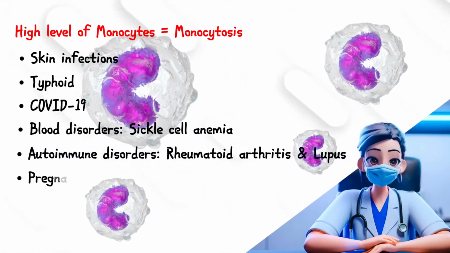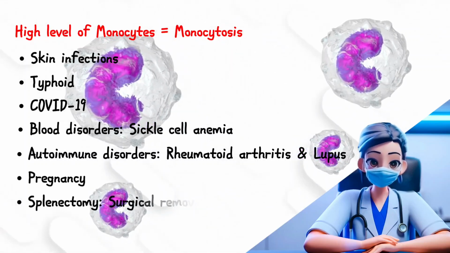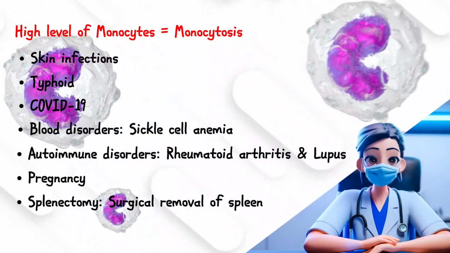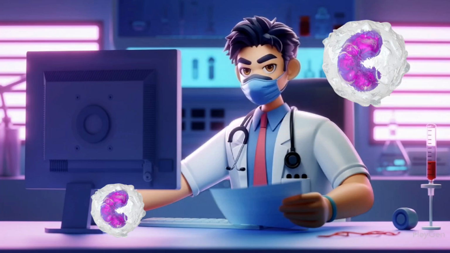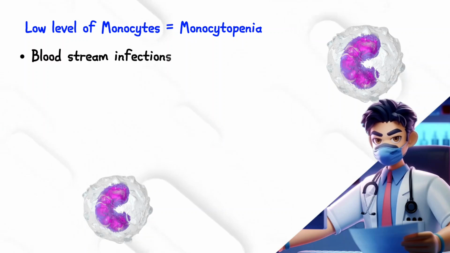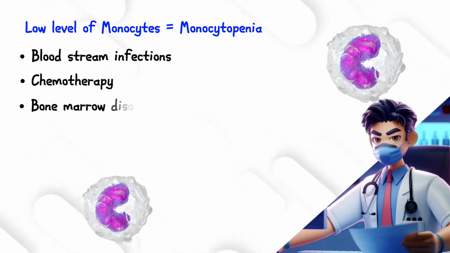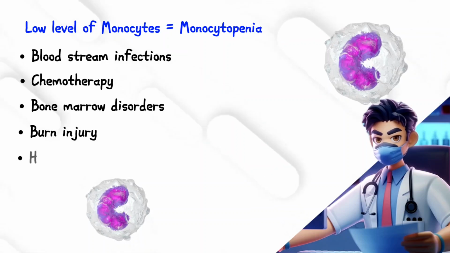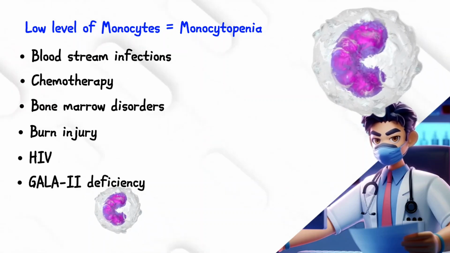Monocytosis is also seen in pregnancy, and in splenectomy, which means surgical removal of spleen. The low level of monocytes in blood is called monocytopenia. It is seen in bloodstream infections, chemotherapy, bone marrow disorders, burn injury, HIV, and GATA2 deficiency.